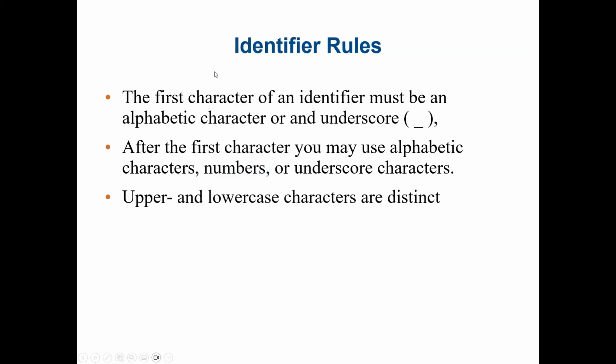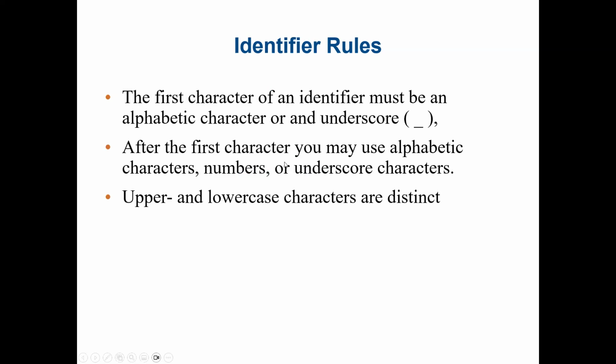And as we mentioned, when naming identifiers, we have to follow some rules. So these are the identifier rules. The first character of an identifier must be an alphabetic character, either uppercase or lowercase, or an underscore. So we cannot have a digit or any symbol at the beginning of the identifier's name.